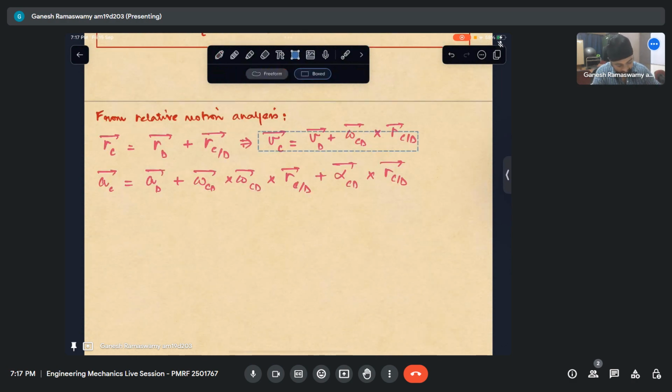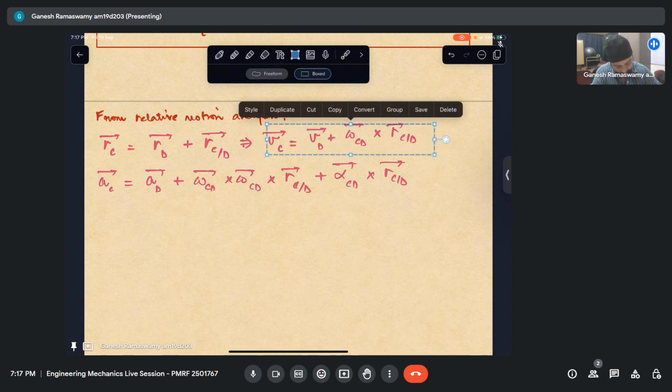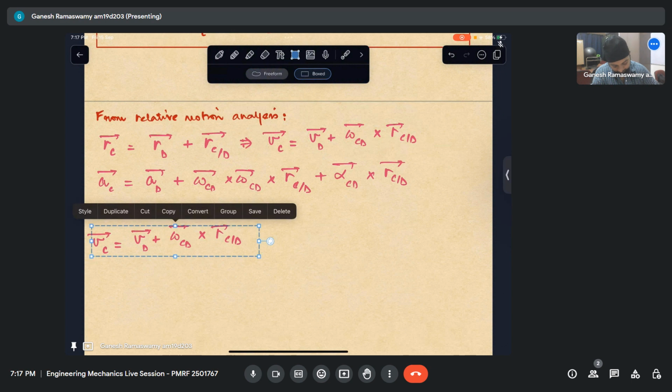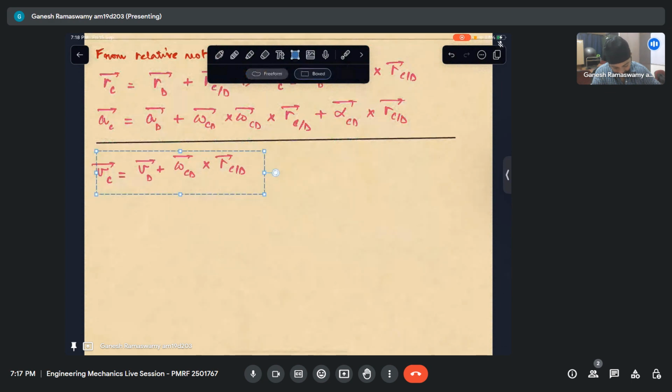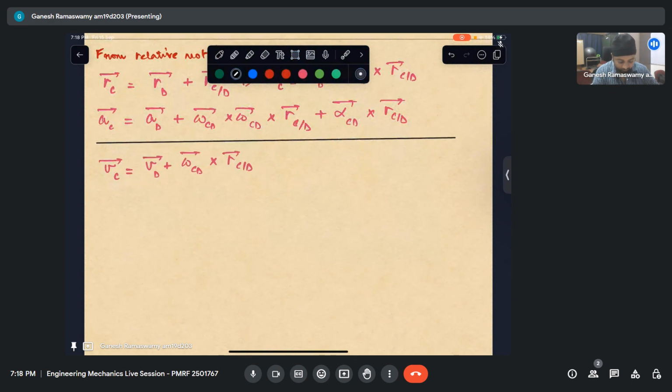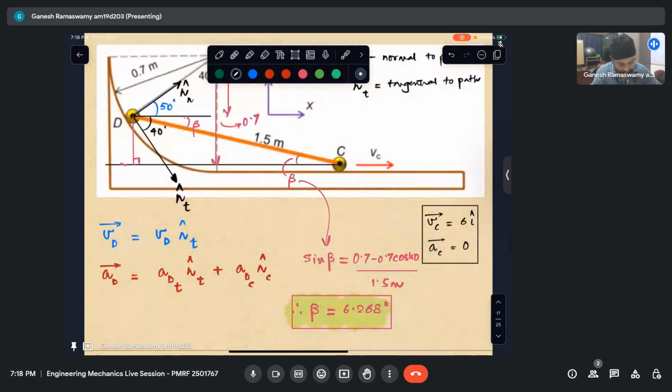If you use this equation first, let us substitute. So we know Vc. Do we know Vc from the problem? We know Vc to be 6 I cap.